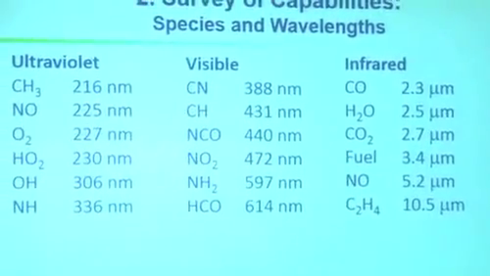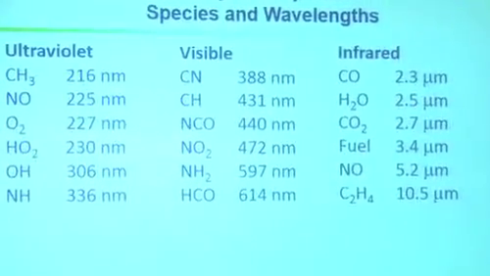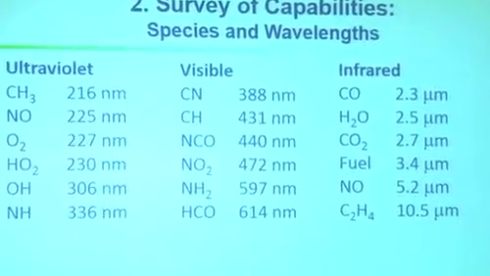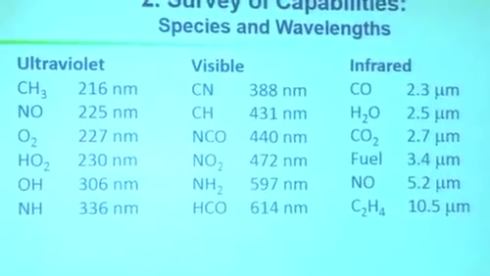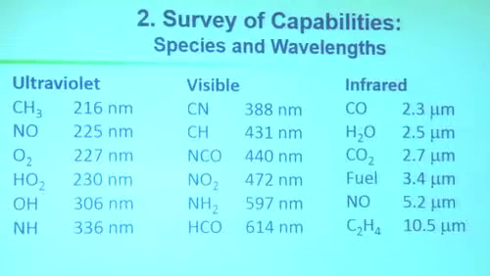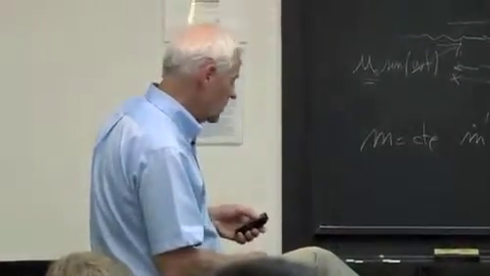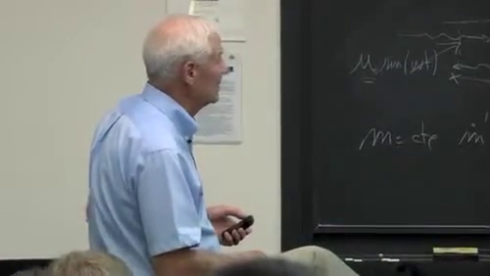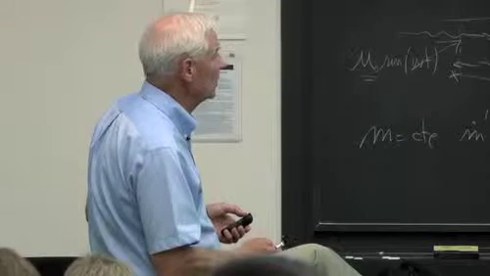Each one of those wavelengths was chosen by looking at the spectrum and finding the most attractive line. So we've done the spectroscopy that we've been talking about. We look at the spectrum, figure out what wavelength we want to use. These are the wavelengths. Then we have to measure or know the cross sections or line strengths at our temperatures. So there's a lot of work that goes into this.